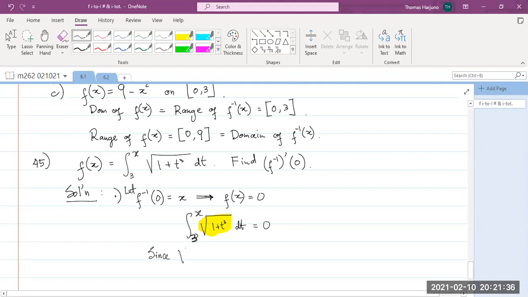Since the square root of 1 plus t cubed is strictly positive, it's at least 1, right? Basically, it will not be 0.